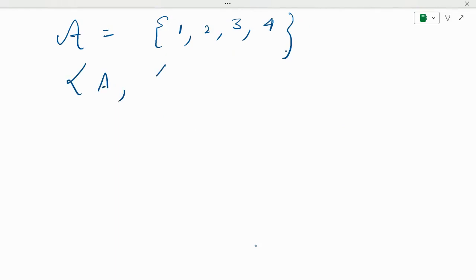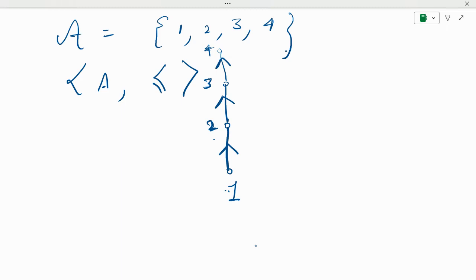So let's say we have A given as 1, 2, 3, 4, and less than or equal to is a poset. Here we can consider we have 1, then 2, then 3, and then 4. In this way we can construct this chain. So this is basically a toset chain. For every two elements, 2 is covering 1, 3 is covering 2, and 4 is covering 3.